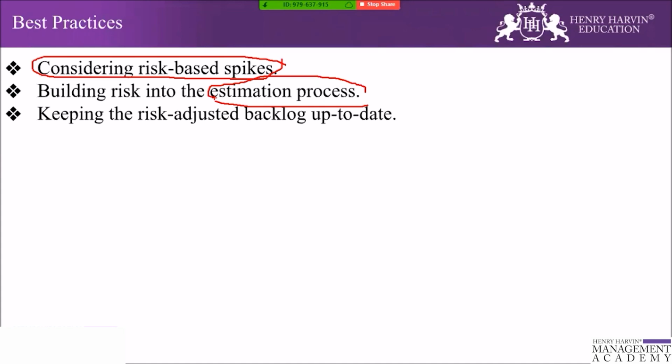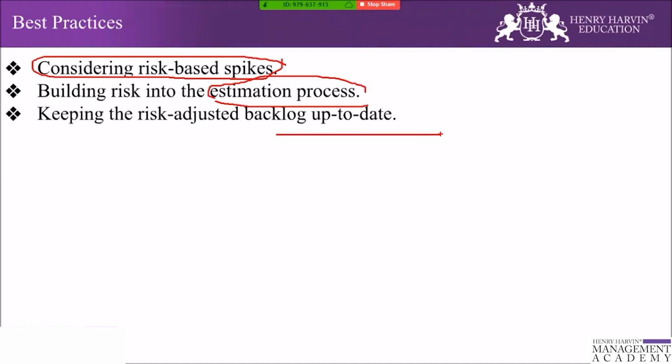So next is keeping the risk adjusted backlog up to date, and this is very important. Like we have seen how risk is being adjusted, we have the burn down chart, or risk burn down chart, that defines how the risk is being assessed and detected, and then the response is planned.